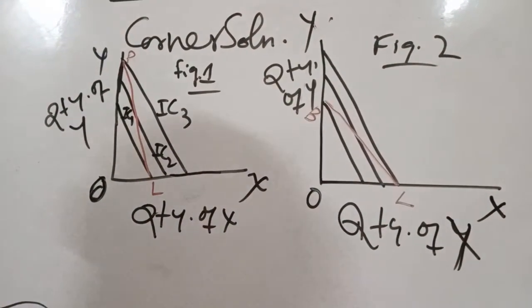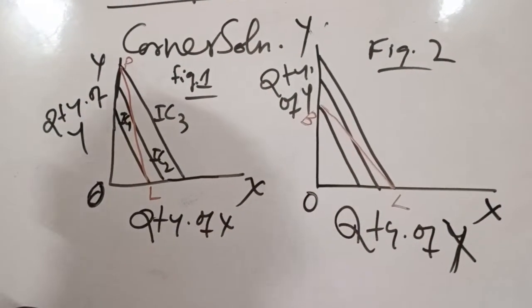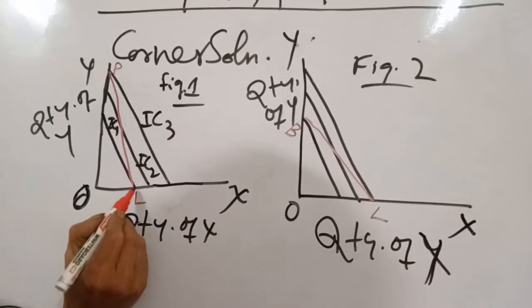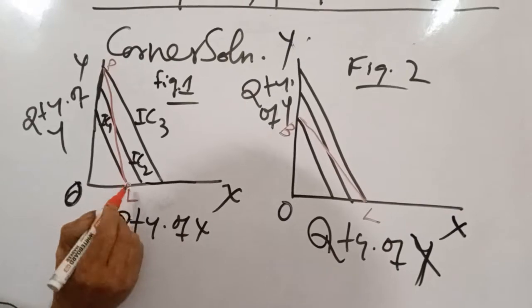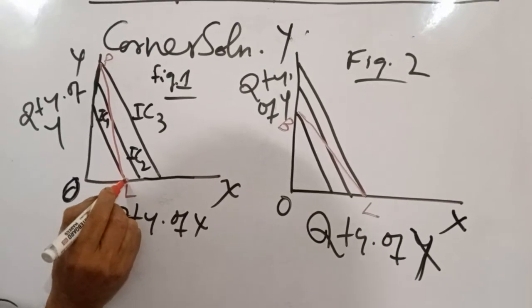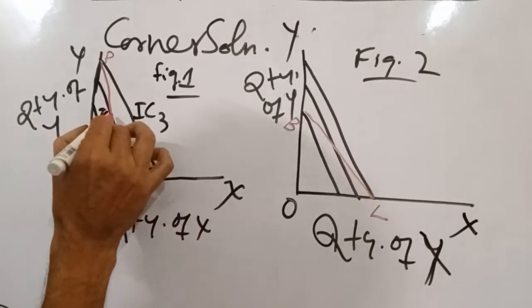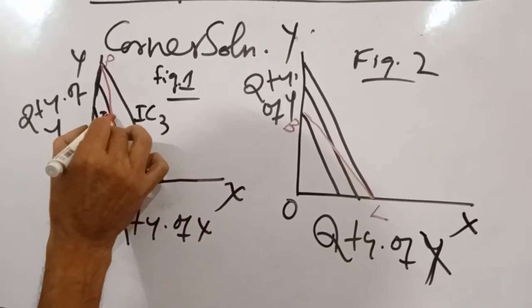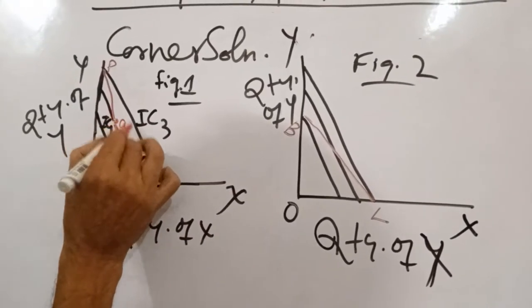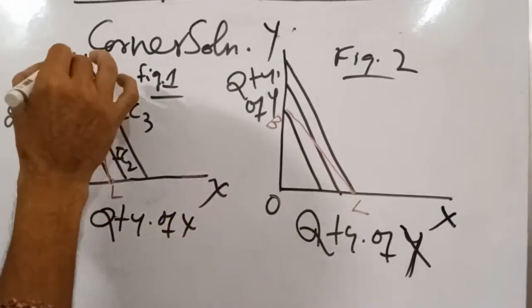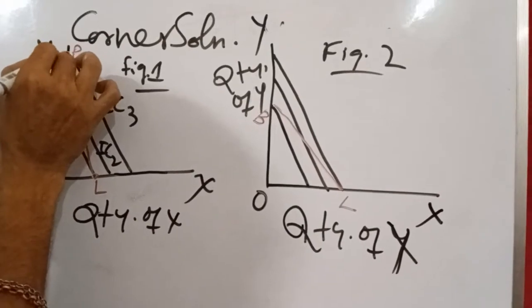The budget line or price line PL meets IC1 at point L, it intersects IC2 at point say A, and it meets the higher indifference curve IC3 at point P.